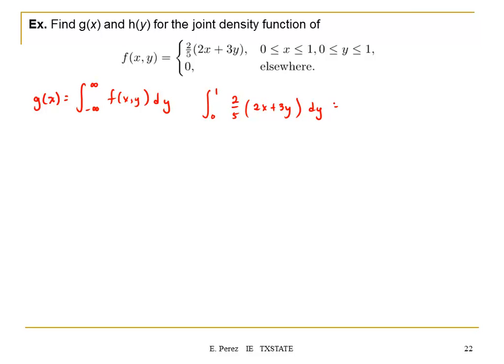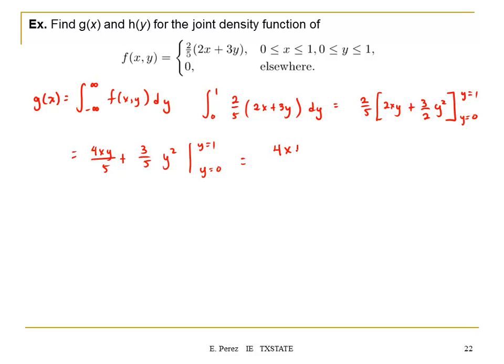Okay, so if we solve this, this is 2 over 5 times 2xy plus 3 over 2 y squared, from y equals 0 to y equals 1. This is going to be equal to 4xy over 5 plus 3 over 5 y squared, evaluated at y equals 1 and y equals 0. So this is 4x plus 3 divided by 5, for x within 0 and 1.